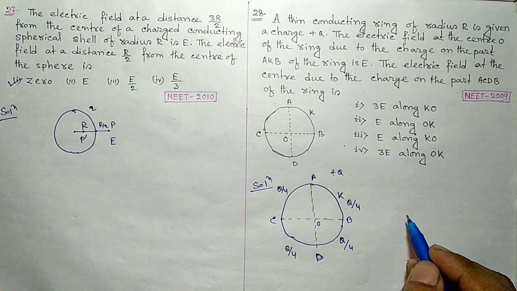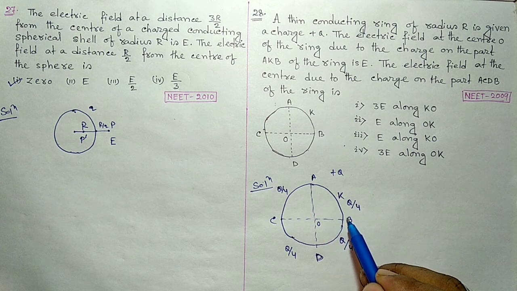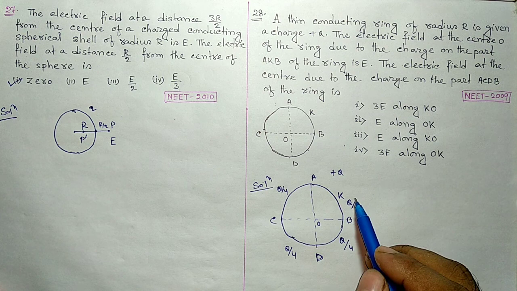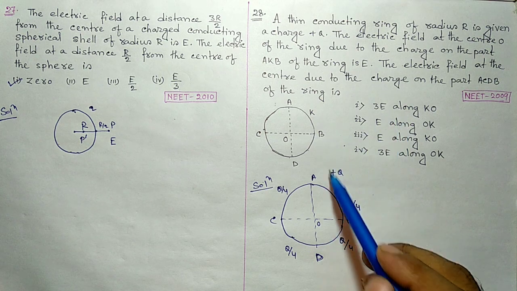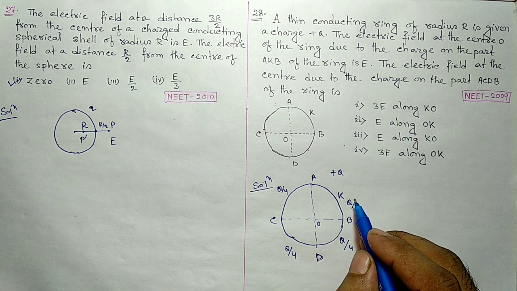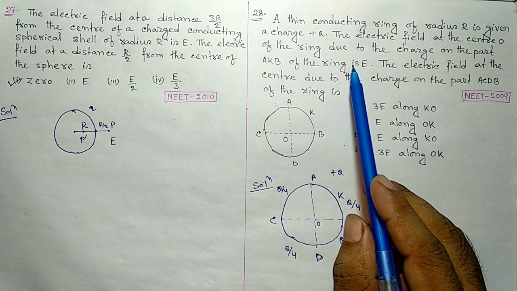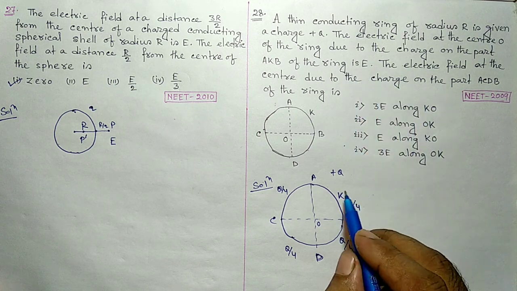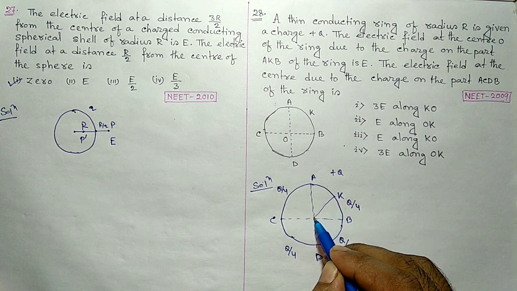So due to the AKB segment of the ring, the electric field is given as E, and the direction will be this direction.